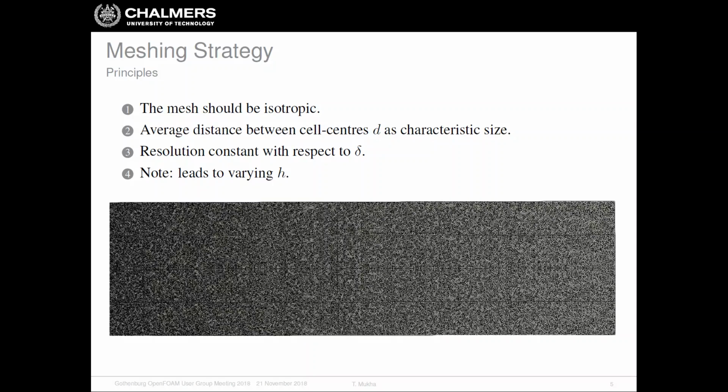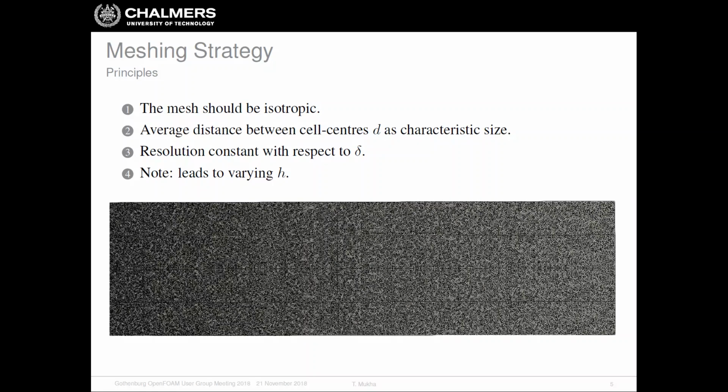One way of introducing a length scale is, for instance, the cubic root of the volume of the cell. But what we advocate for is that we consider the average distance between the cell centers, which we call D, and that's going to be the characteristic size of our cell. The reason for that is basically because this D enters the discretization formulas. So from a numerical point of view, I think it's a very reasonable way to characterize the cell size.